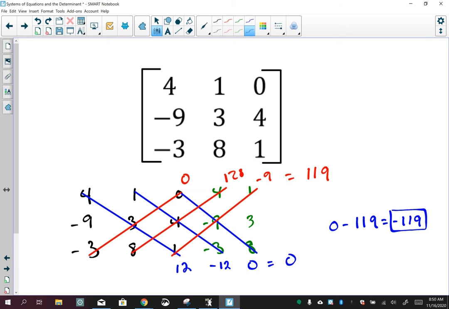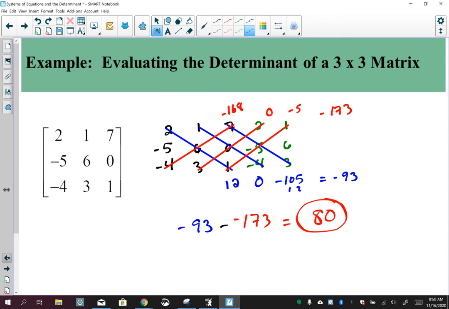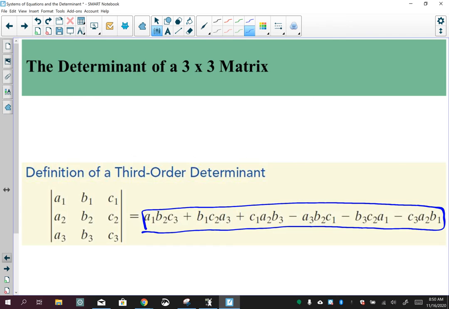Okay. So again, with this one, I recommend you actually use your calculator, because it's going to be a lot easier. But if it asks you to show your steps, it's going to ask you to actually do this formula right here. And when you're doing this formula, you just want to make sure that you have everything in order.